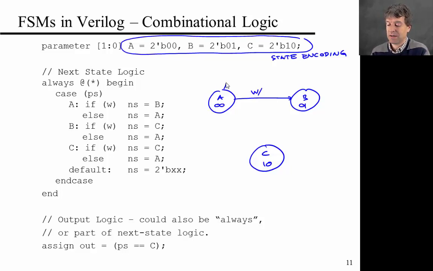Else, I'm going to stay in A. Now, if I'm in state B and W is true, then I'm going to C. On the other hand, if W is not true, so else, I'm going back to A.